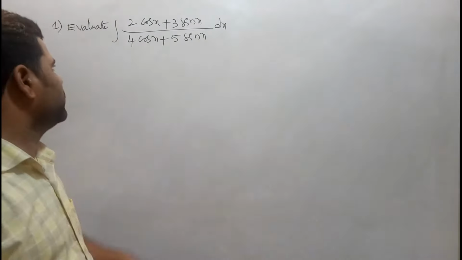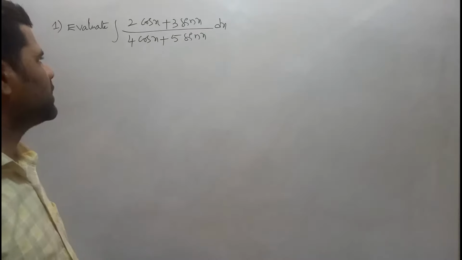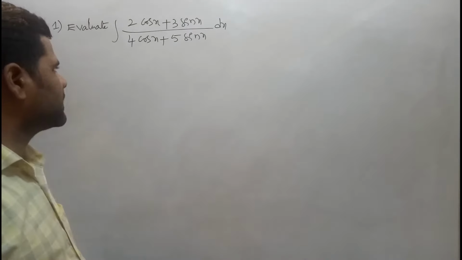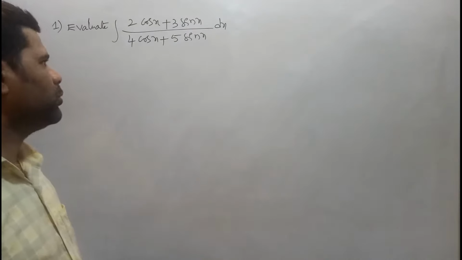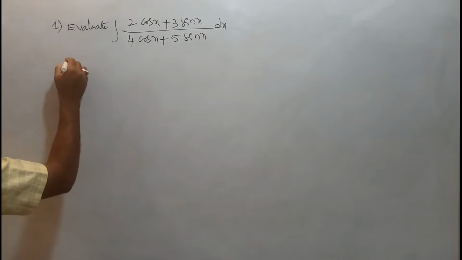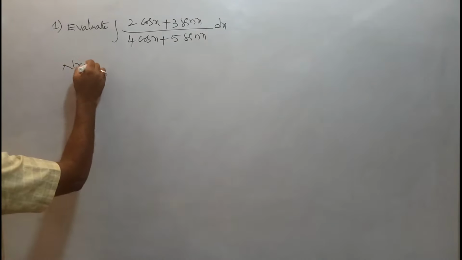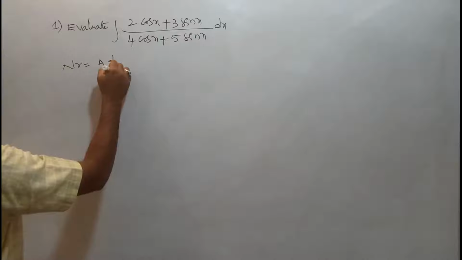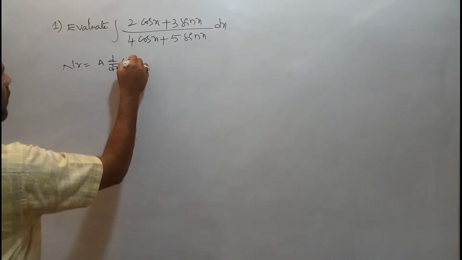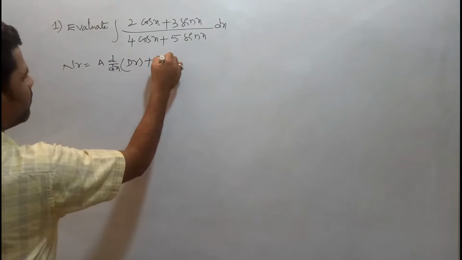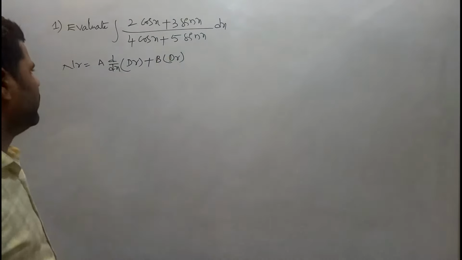Now second question, integral of (2 cos x plus 3 sin x) by (4 cos x plus 5 sin x) into dx. Numerator is equal to a d by dx of denominator plus b of denominator.